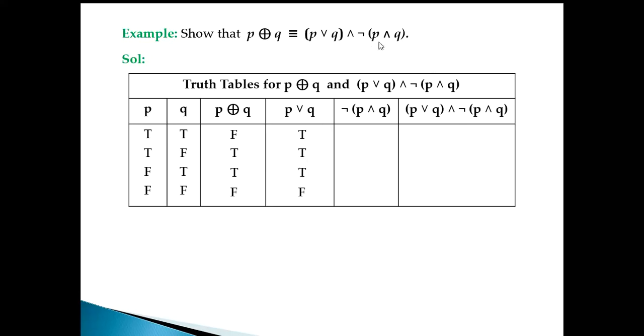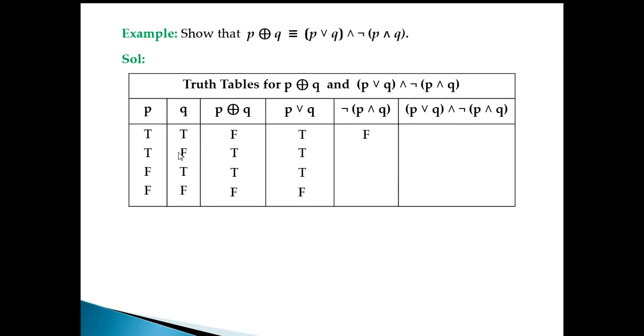Next, we need to calculate negation of P and Q. When we calculate P and Q, in the and conjunction the truth value is true only if both are true, and here we need the negation of this. So true and true is true, but the negation of this becomes false.